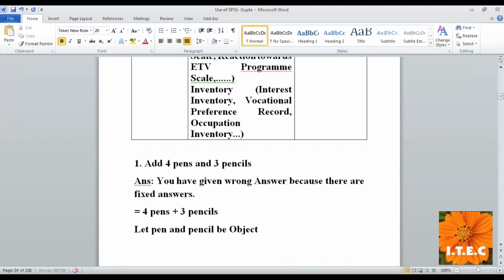Because pen is the object and pencil is also the object. So then I can say that it is 4 objects plus the 3 objects. So the answer is 7 objects.